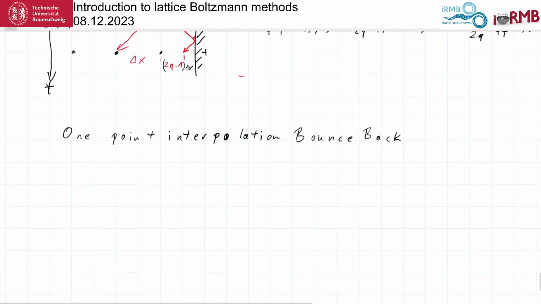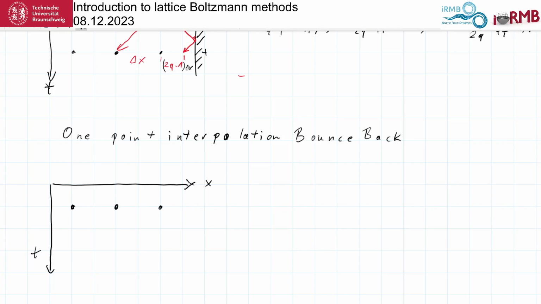Okay, now the picture is the following. Here is t, here is x, and here are located the nodes. This would be outside, and somewhere in between, where we don't care whether it's larger or smaller, is the wall. So this again here is delta x times q.